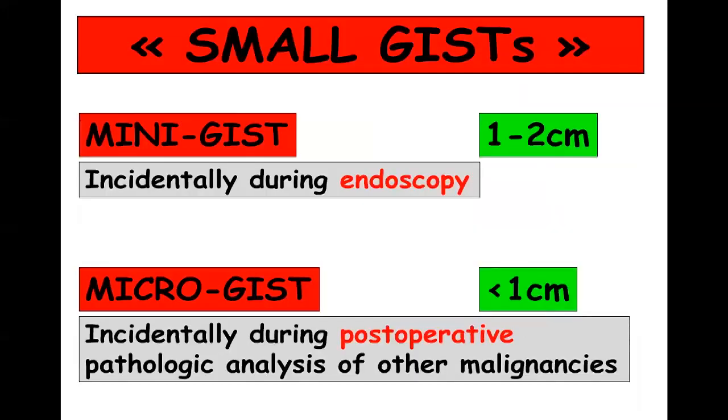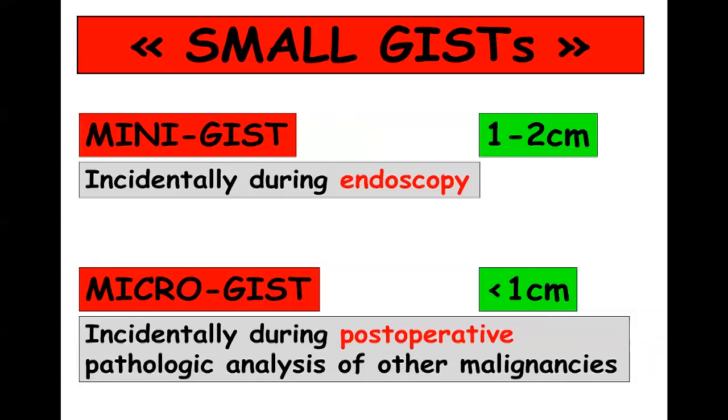What about small GIST? Two types of small GIST. Mini GIST, 1 to 2 centimeters, discovered incidentally during endoscopy, and micro GIST, less than 1 centimeter, very often incidentally discovered during postoperative pathologic analysis for other malignancies.